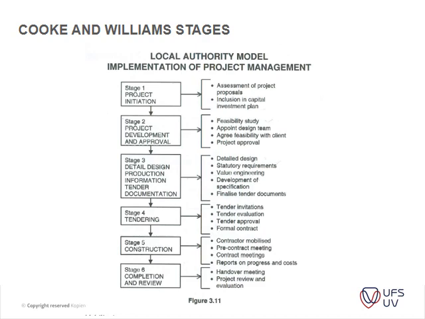Is the local authority model, similar to the one that we've adopted in South Africa on the construction built environment, where you have your project initiation, project development and approval, and then you've got your design, production information, tender documentation.